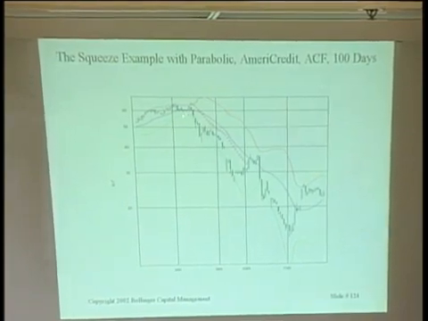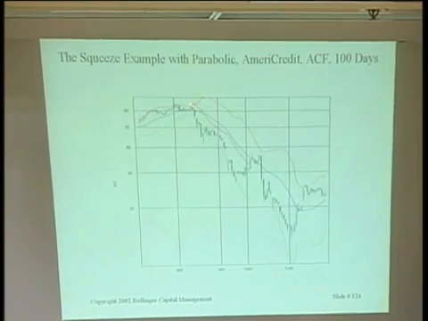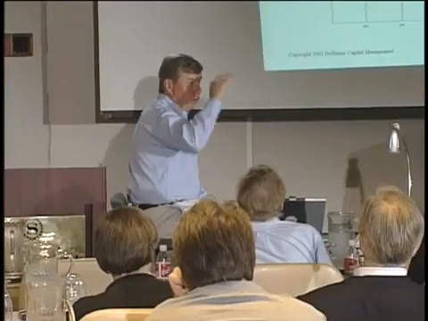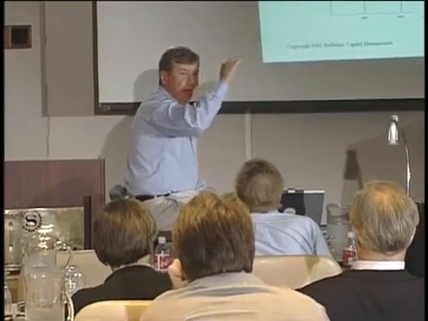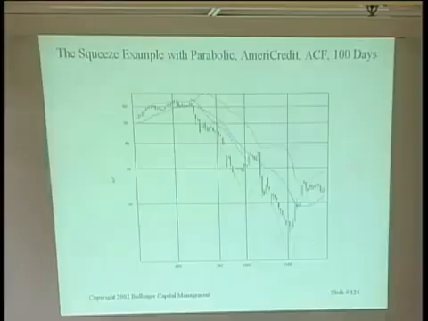Here we go, a squeeze, you break down, you fire the parabolic up, and the parabolic is your exit. What a parabolic is, it's a stop that resets only in the direction of the trend. So you notice that it only falls.